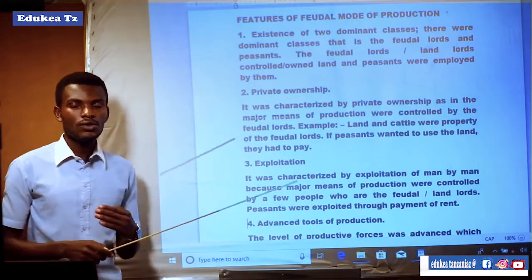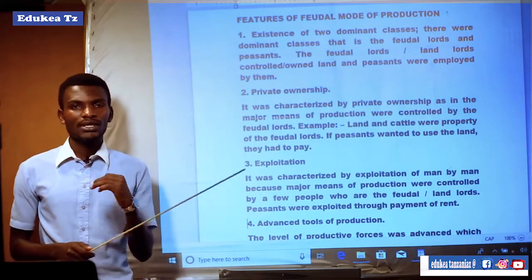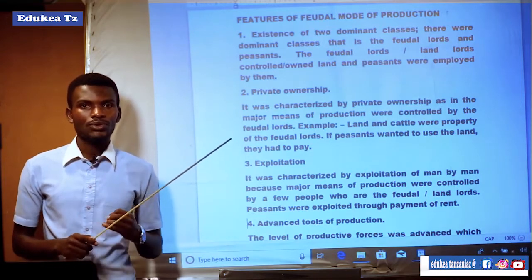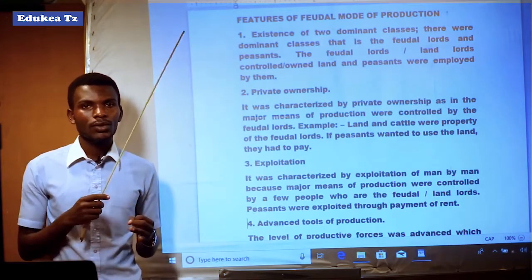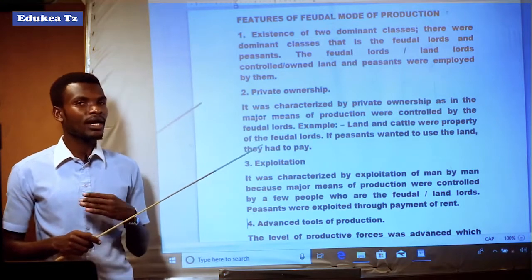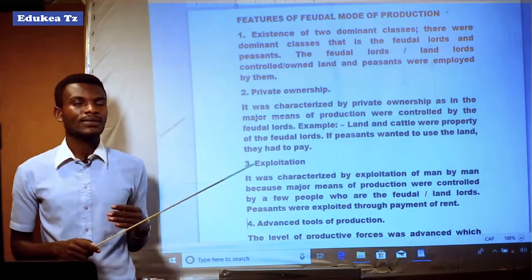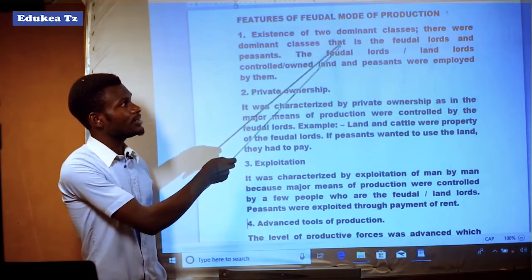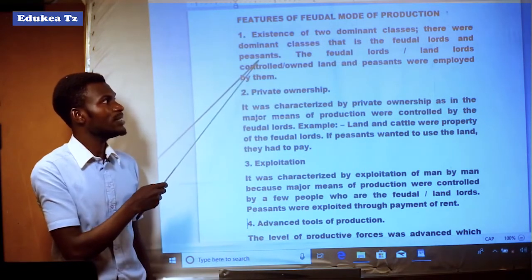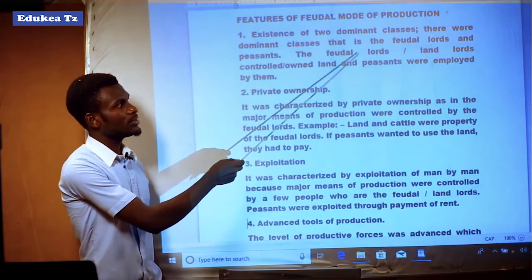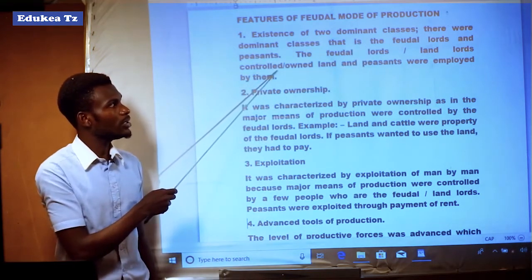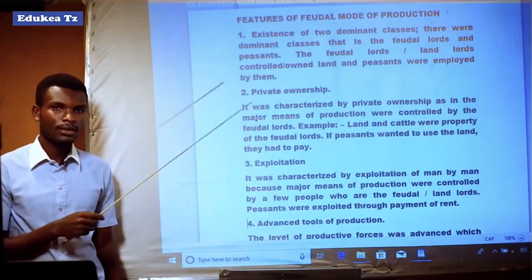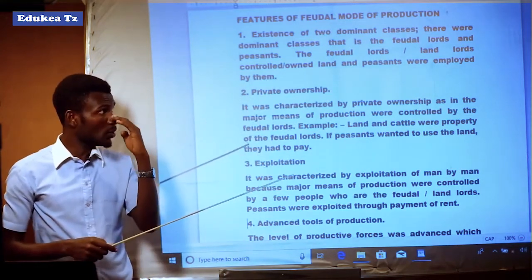Feudalism involved two classes, which were the feudal lords and the workers or tenants, or in another name we can call them serfs. The feudal lords or landlords controlled or owned the land, and the peasants were employed by the landowners or feudal lords.